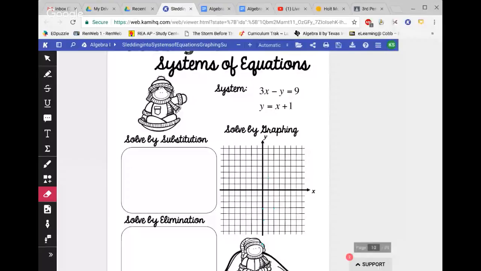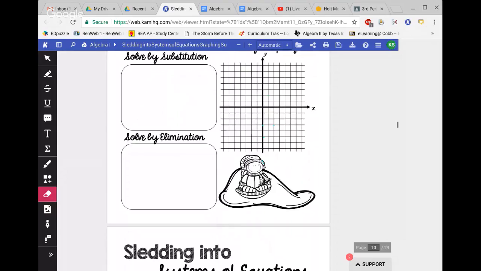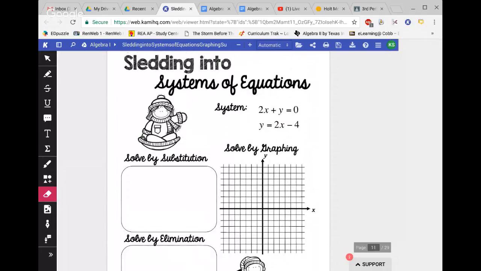Do you have where you were on the packet? Page 9. That's not page 9, is it? No. Is this page 9? Yes. Okay, cool.